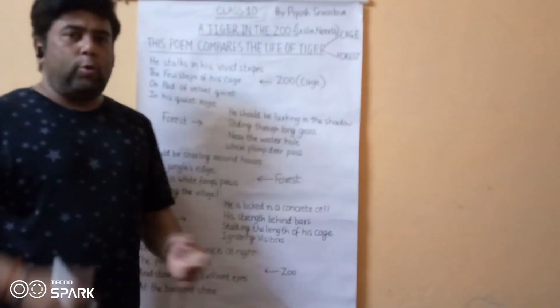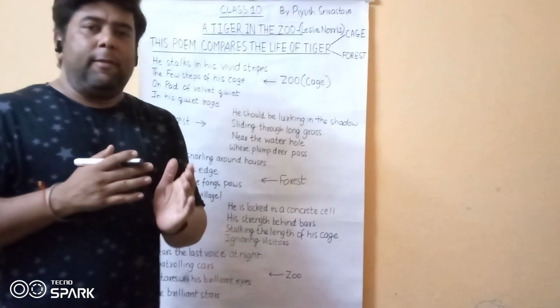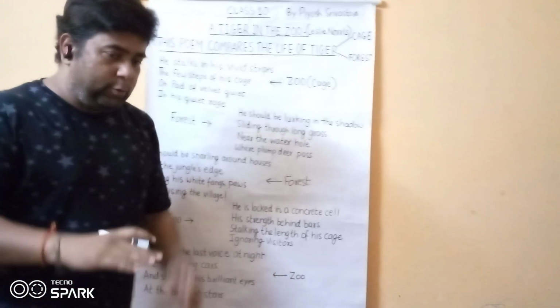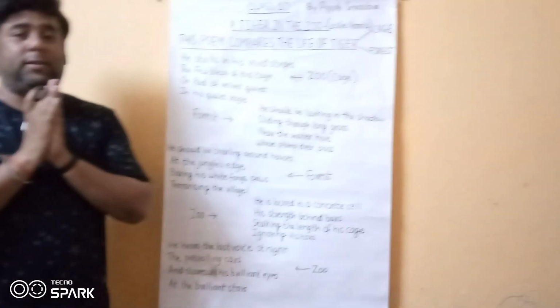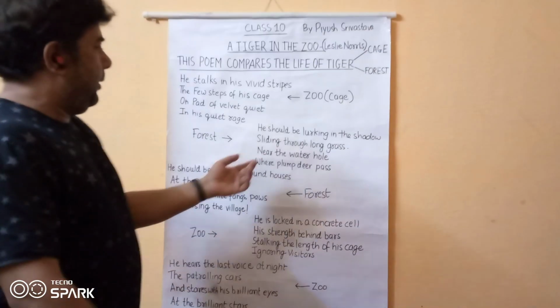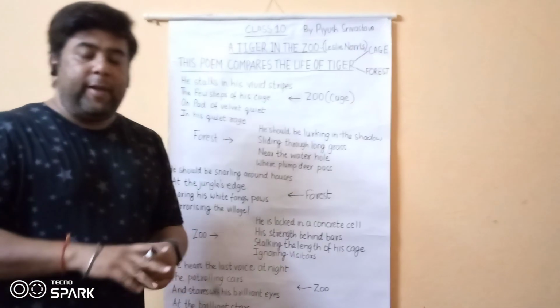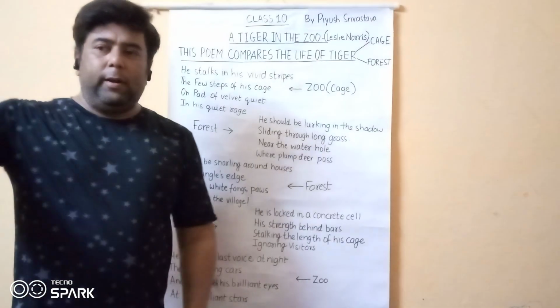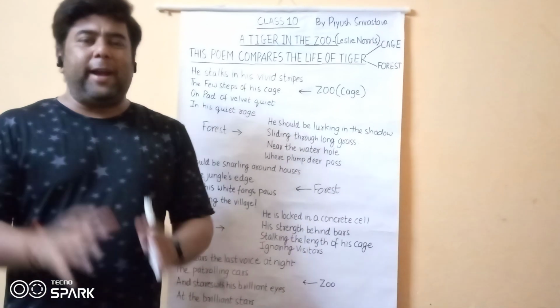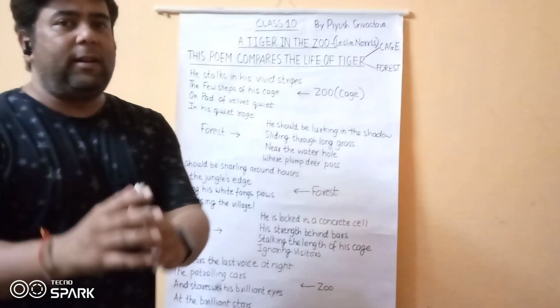Sliding through the long grass, or he may be walking in the long grass. The forest has long grasses, so he might be hiding in the long grass. वो कहीं बड़ी-बड़ी घासों में छुपा बैठा होता. Near the water hole, where near the water hole means near the pond. There is a pond in the forest, तो उसी near the pond he might have been hiding himself near the grass.